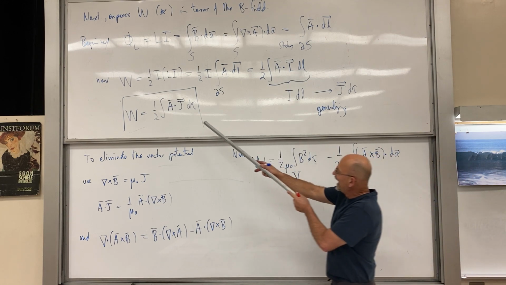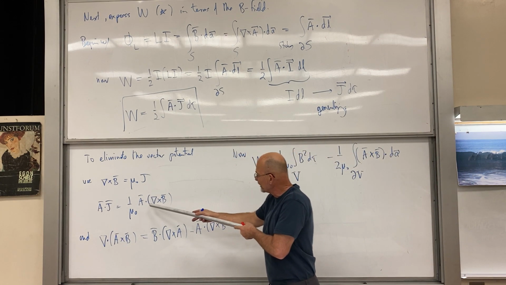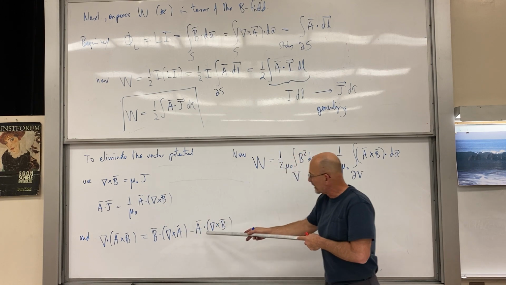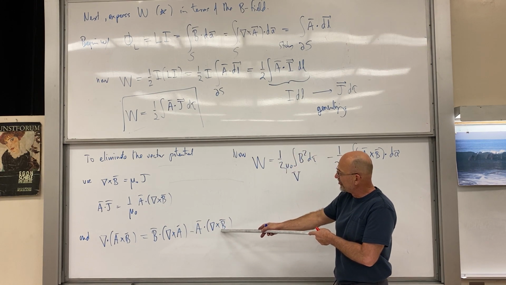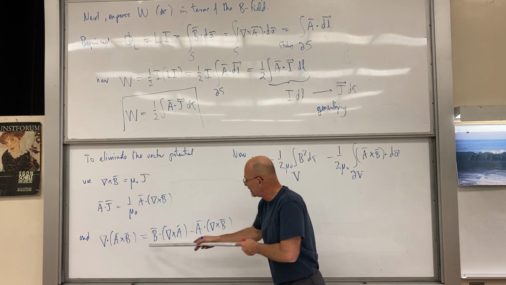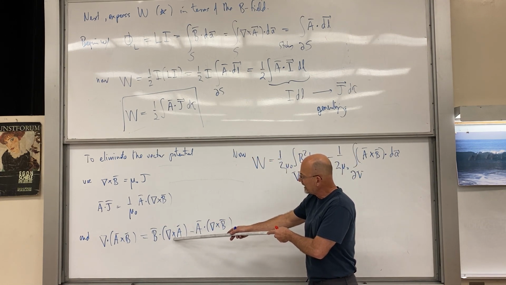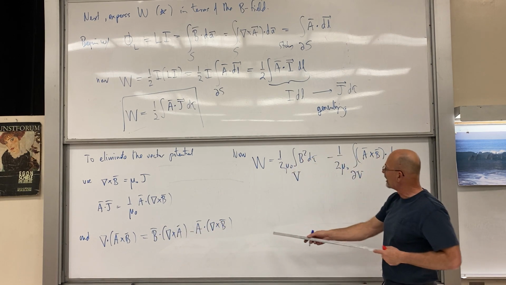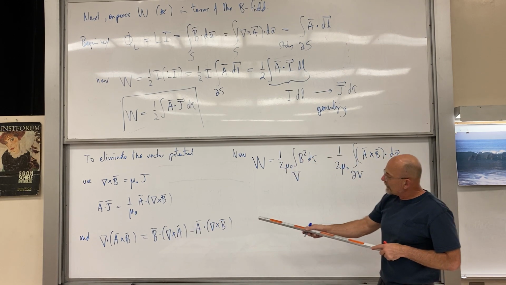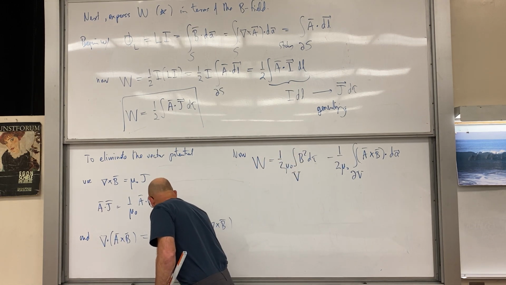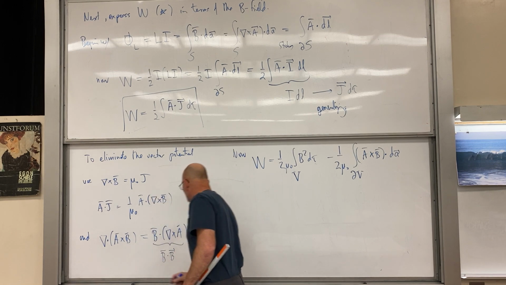So again, A dot J, we have that right here. So this 1/2 mu naught A dot curl of B, that's right here, and that's these two expressions. Okay, so it's B dot curl of A minus divergence of A cross B. The B dot curl of A, do the work right here, that's B dotted with itself.